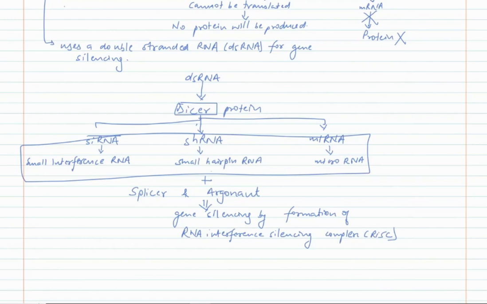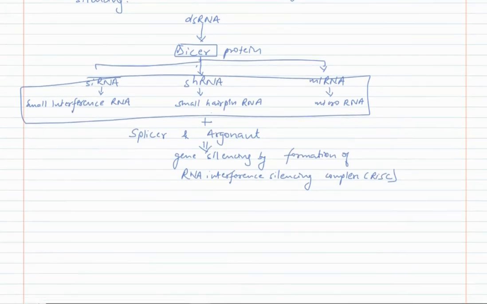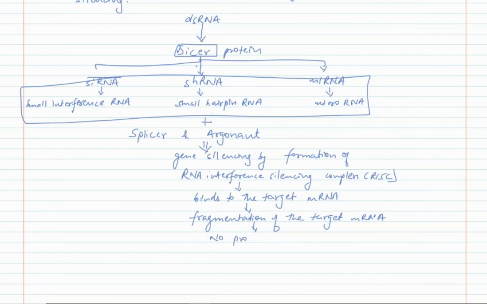This RNA interference silencing complex binds to the target mRNA, and it leads to fragmentation of the target mRNA, and thus no protein is produced.